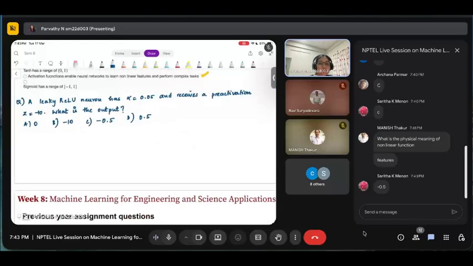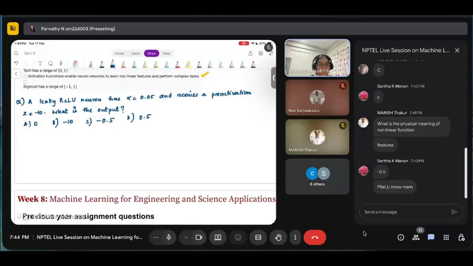So for leaky ReLU, it is maximum of alpha times x. Yeah, it is PReLU because it is alpha.